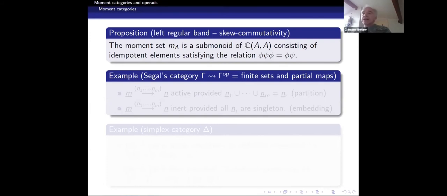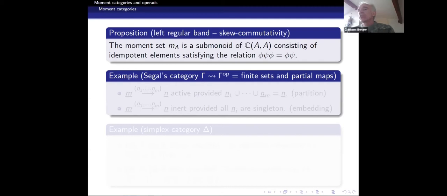Now, what are the examples? The first one, the most important one, is Segal's category Gamma. Unfortunately, in the literature most people do not use the initial definition of Segal, but they use the fact that the opposite category of Gamma is the category of finite sets and partial maps.